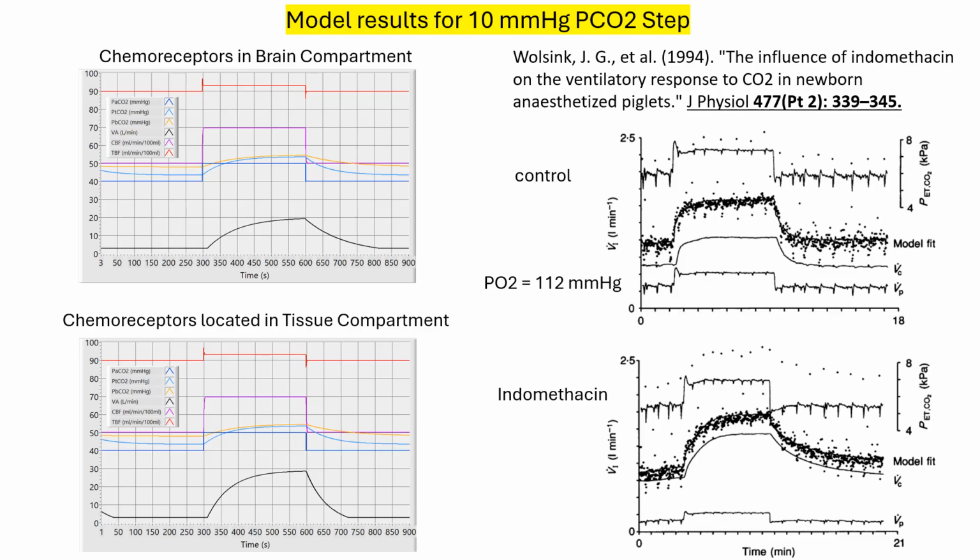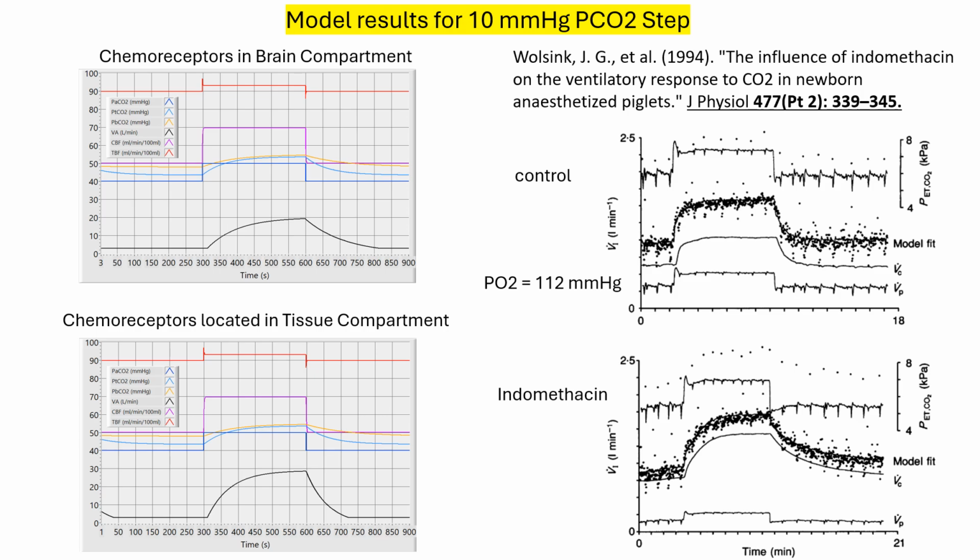Note that the brain compartment PCO2, the orange line, is higher than the tissue compartment PCO2, the light blue line. It is apparent that there is a lower and perhaps slower ventilation response, the black line, with central chemoreceptors located in the brain compartment.